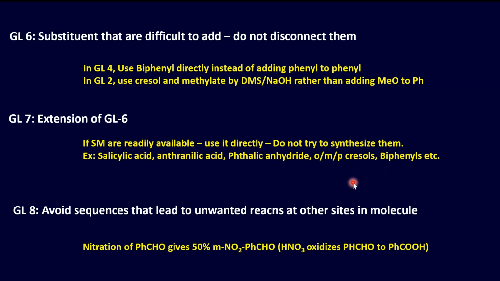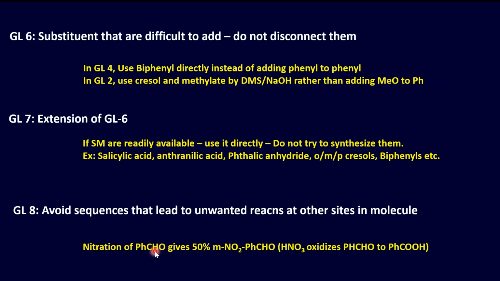Whenever an unwanted reaction occurs in the presence of certain substituents, then avoid that. For example, if I do nitration of benzaldehyde, I will get only 50% yield of meta-nitrobenzaldehyde. The aldehyde group, carbonyl, is electron withdrawing.